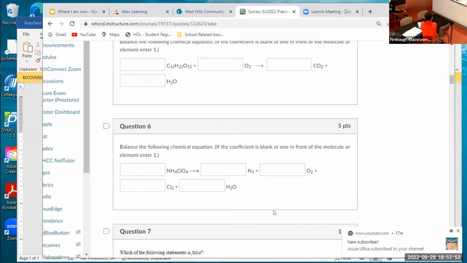Okay. How we balance carbon first. So how many carbon are we on the carbon section? That changes your oxygens on the carbon section.